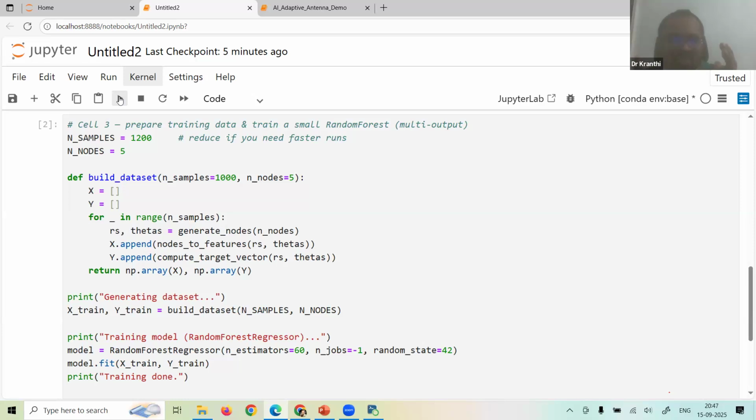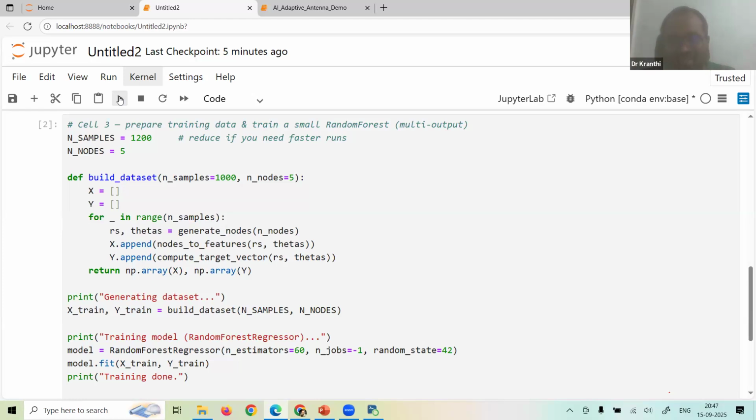Now, in what way does the AI model prepare training data, or train a small random forest regressor? In IoT networks, node distribution is dynamic, because devices join, leave, and move, and things happen dynamically. So we cannot hardcode beam directions.